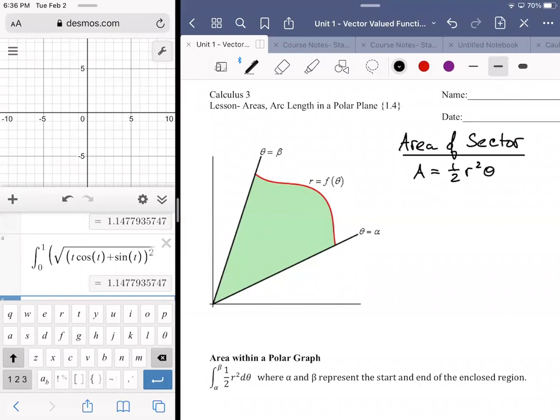Now, if you look at the formula below, area within a polar graph, over the interval of alpha to beta, or a to b, we have something very similar, 1/2 r squared d theta.